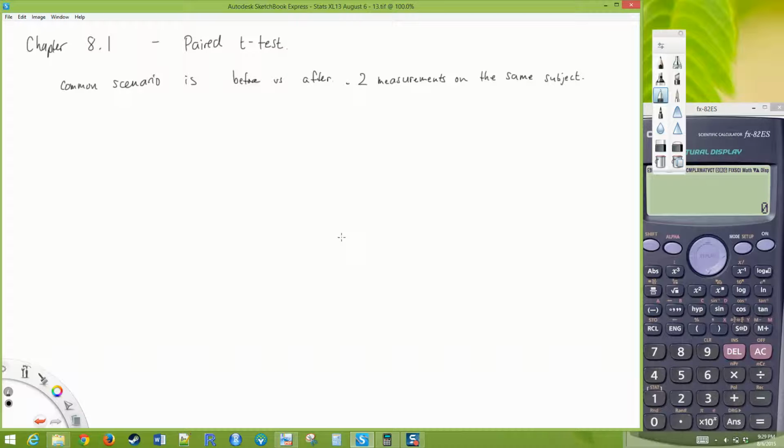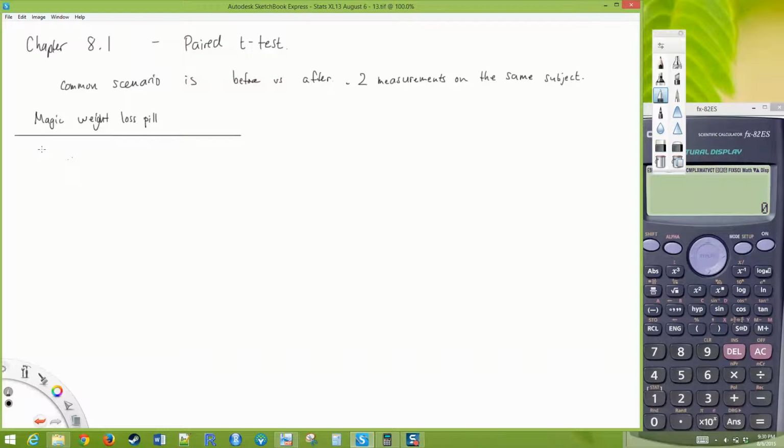So this is when we would apply the paired t-test. Here's a silly scenario. Let's say some company markets the magic weight loss pill. Let's take a look.